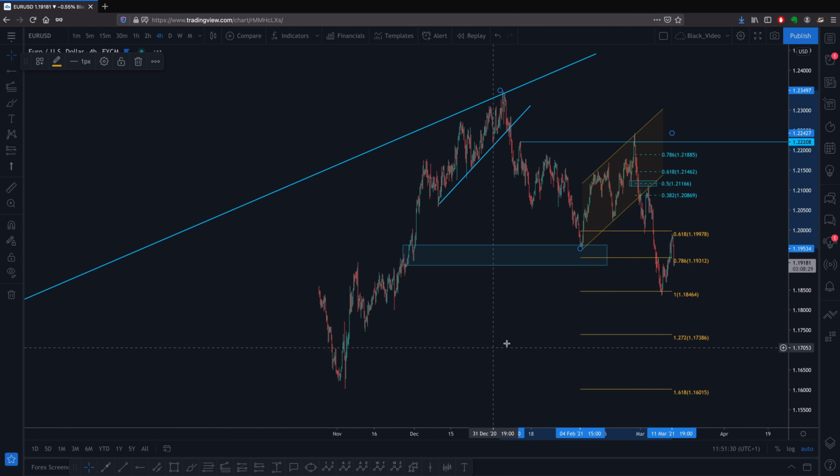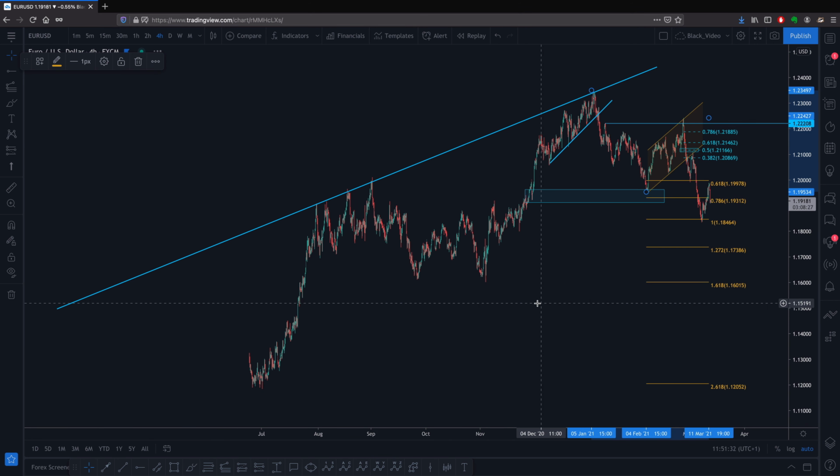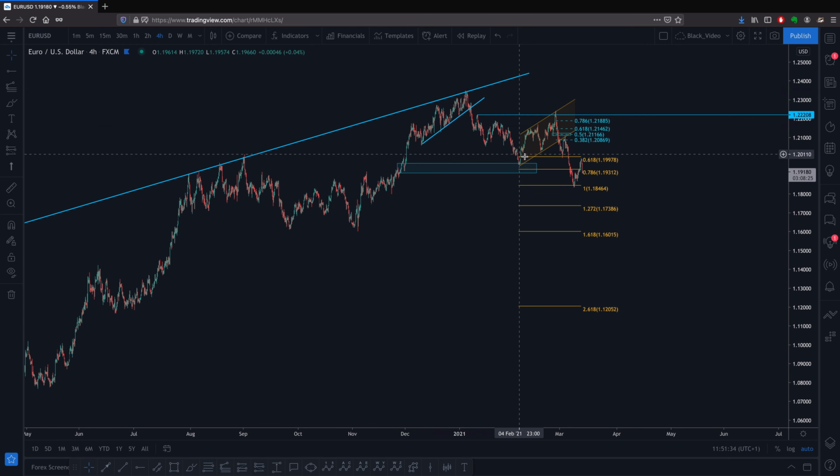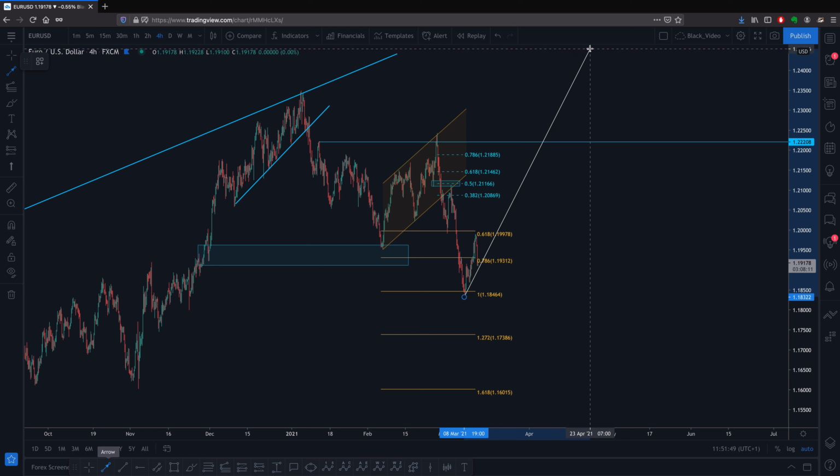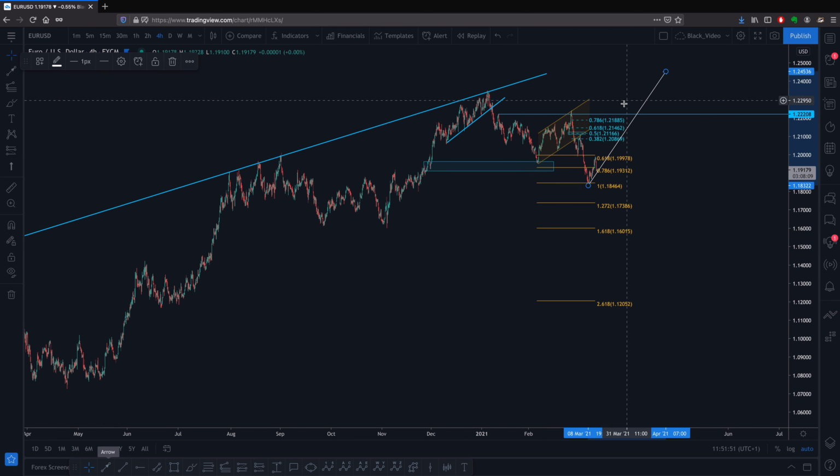So because if this is a large daily uptrend and we are seeing a corrective pattern because we haven't broken these lows yet, so we didn't make a lower low on the highest time or the higher time frame, we would expect maybe to see another push to the upside for this continuation.